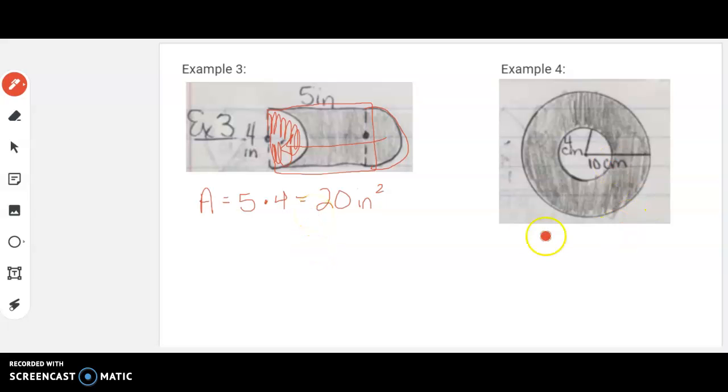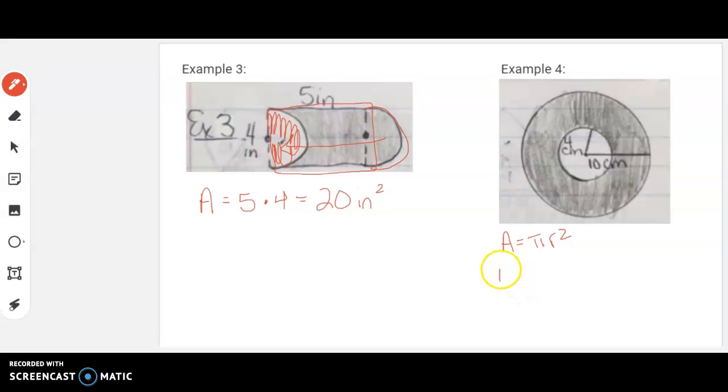Okay, so for example 4, I have 2 circles, and I want to find the area of the shaded region. Okay, so I got to take that 4 centimeter circle out from the 10 centimeter circle. So I'm going to have one circle minus another circle. So I have the radii, because I have a radius of 10 and a radius of 4. So my area formula is pi r squared.